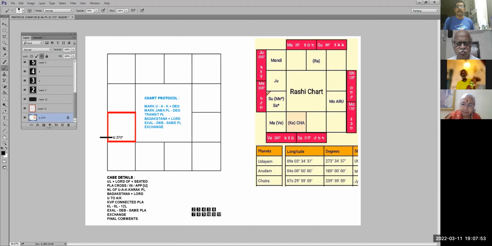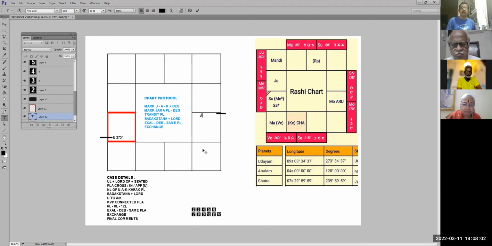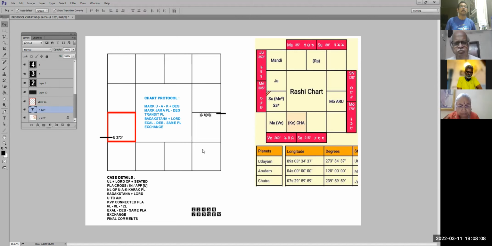So if it is 120, it has just crossed this one and it is actually on the brim. So you can do something like this over here. Inside, write here Arudam 120 degrees. Okay. So we have marked Arudam.